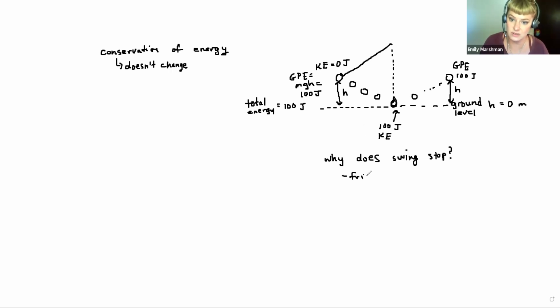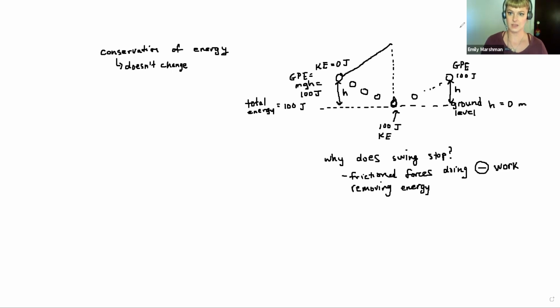There are frictional forces doing work, and in fact, those frictional forces are doing negative work, remember? They're removing energy from the system. So there's air resistance on the child and the frictional forces in the bearing where the swing is connected. There is energy loss there.